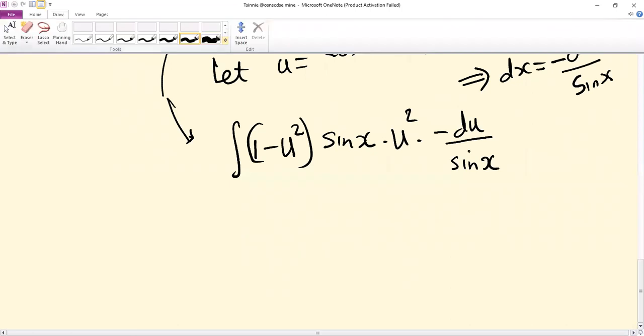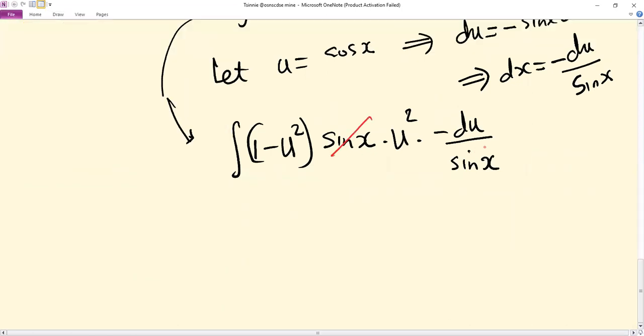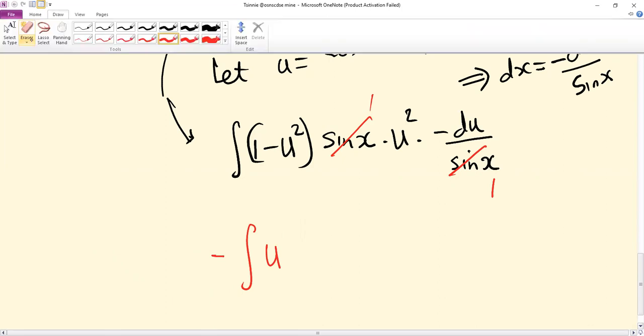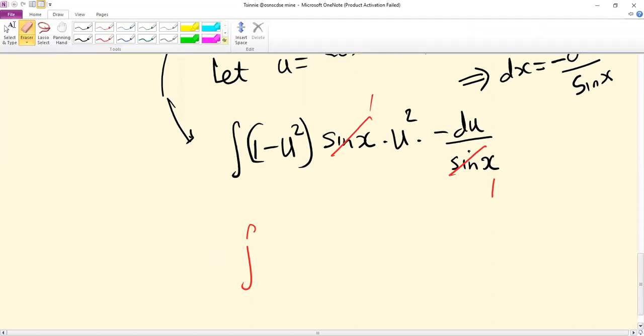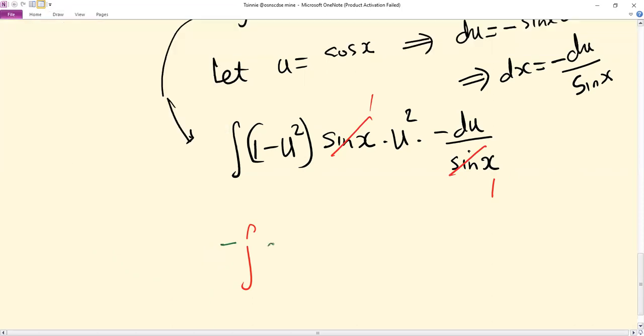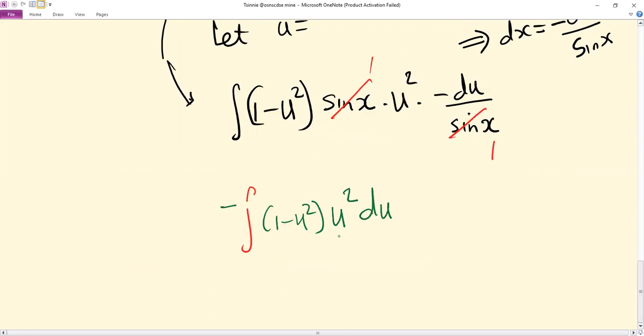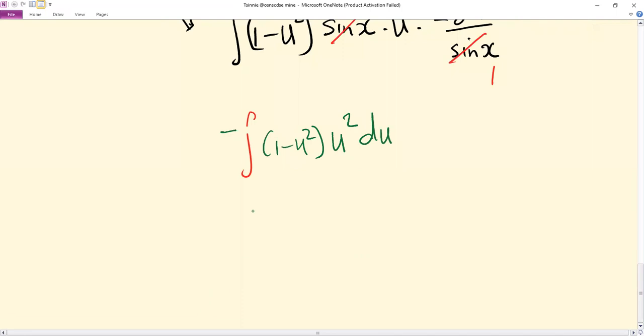And then you cancel this and this so that we have the integral, factor out the negative sign, so negative 1 minus u squared times u squared du. And so we multiply every term by u squared, so it'll be negative u squared minus u power 4, and then du.